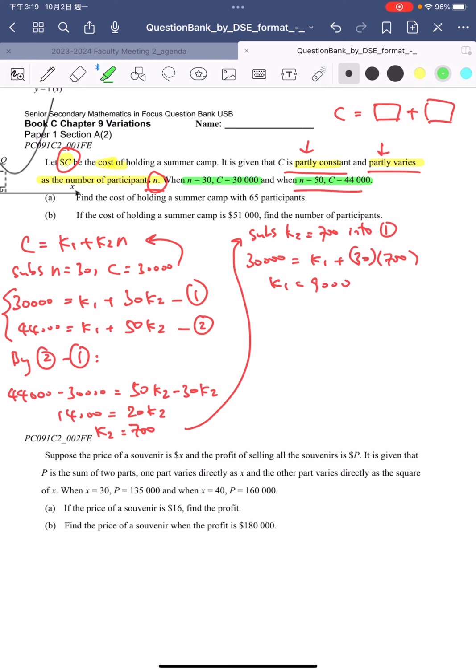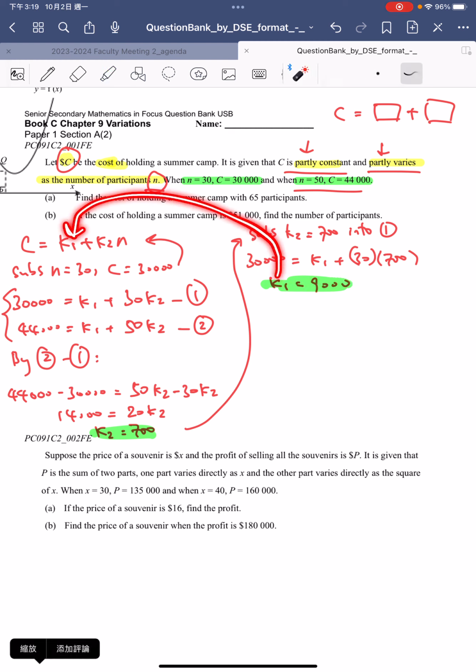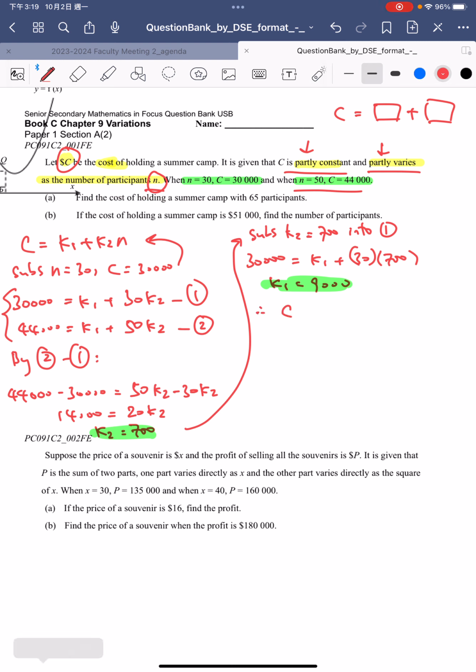So now we have the value of K2 together with the value of K1. So we can substitute K1 back into our equation together with K2. So that we can say C is actually equal to K1, which is 9,000, plus K2, which is 700, N. So that's our formula linking C with N.